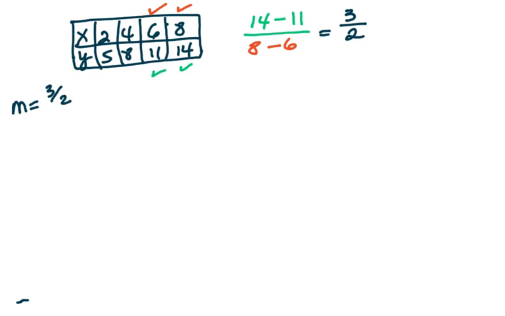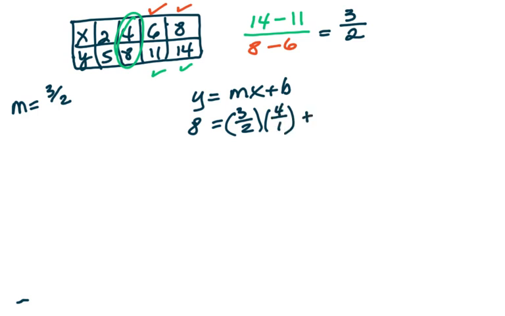Okay, so now I'm going to choose 2 points. I think I'll choose 4 and 8. It doesn't really matter. And instead of saying y equals mx plus b, I'm going to say 8 equals 3 over 2 times x, which is 4, so it's 4 over 1, plus b.